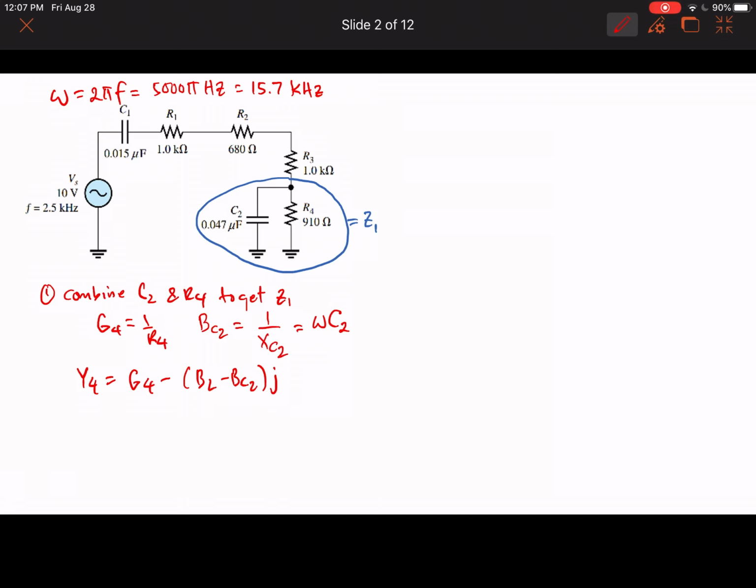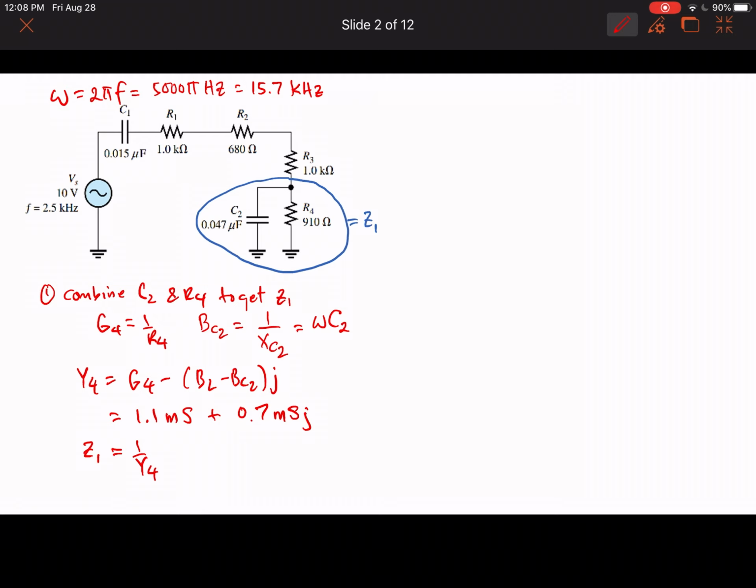Okay, this will then give us a value of 1.1 millisiemens plus 0.7 millisiemens j hat. Okay, now I used MATLAB in order to solve for these quantities so that it will become easier. The next step is to solve for Z4 or Z1, which is the reciprocal of Y4.